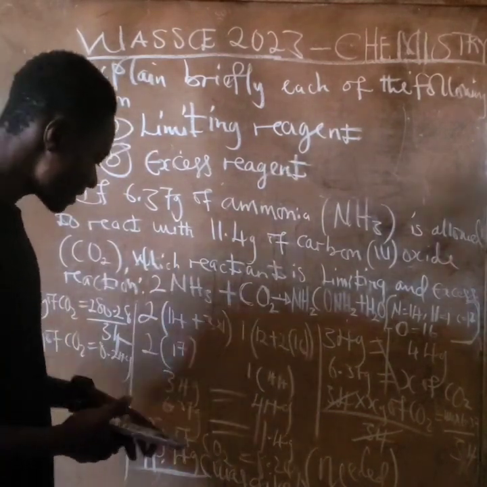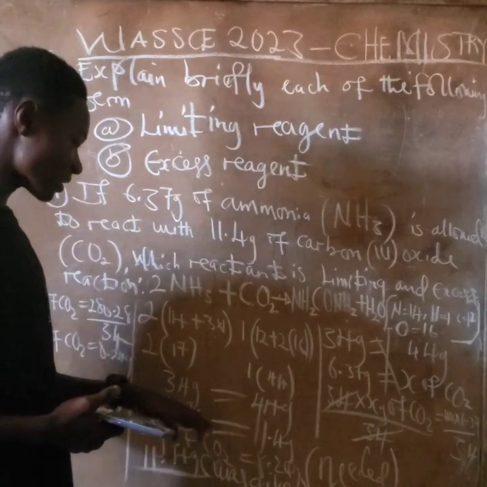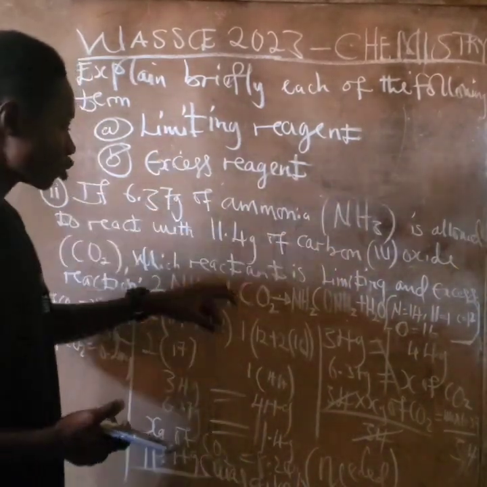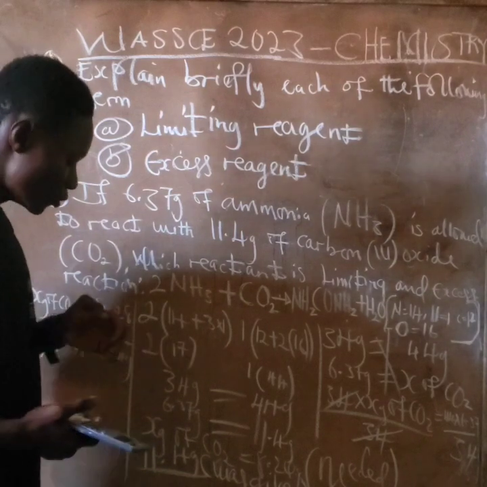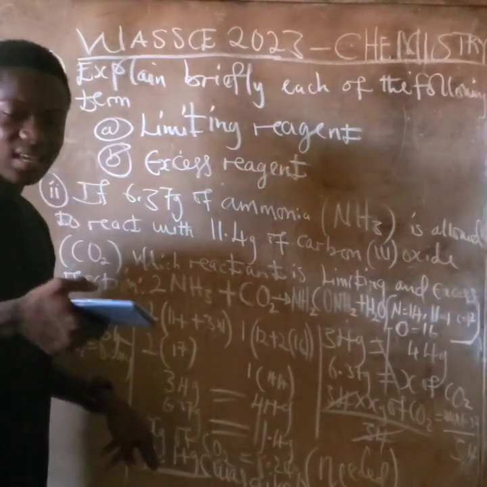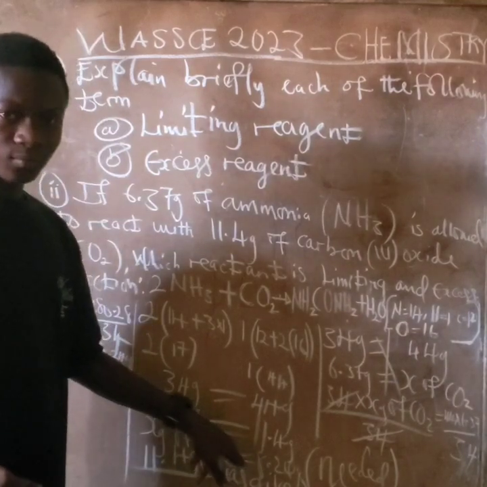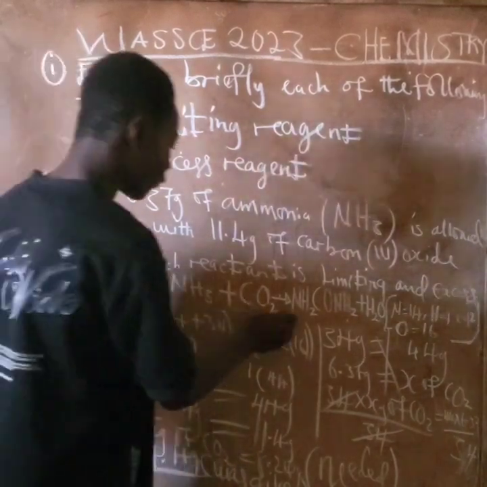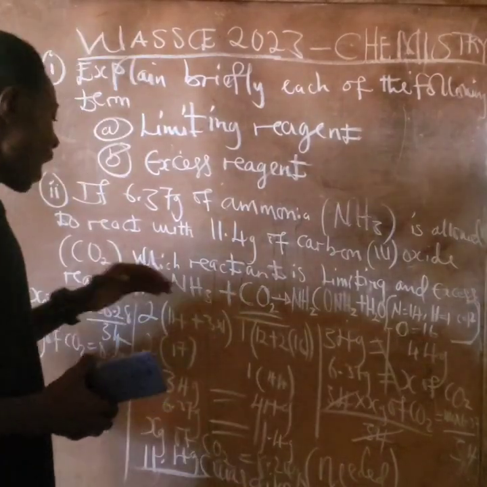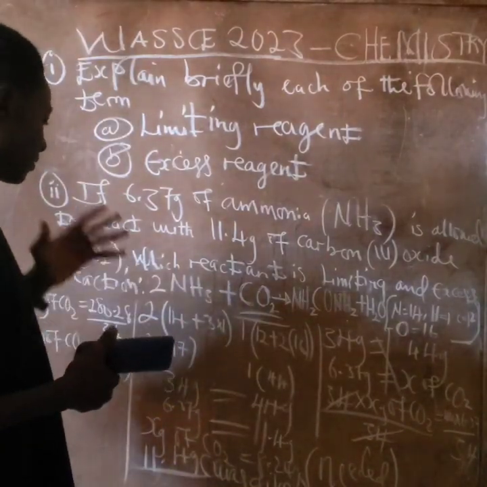And whenever the mass that was given to you is more than the mass that you need, that particular compound is said to be what? Excess. Mind you, because why? The mass that was given to you is excess. It's more than the mass that you need. So, carbon 4 oxide is said to be what? The excess reagent, while ammonia is said to be the limiting reagent.